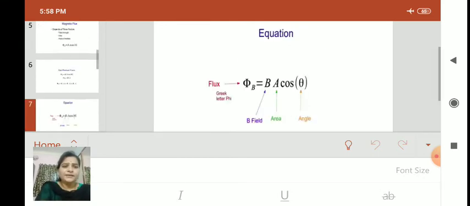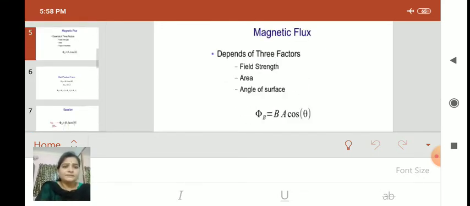So in that way we can say that this depends on the three factors, therefore phi b is equal to B A cos theta. Because this is a dot product, I can say phi b is equal to B dot A, and so I can write B A cos theta.